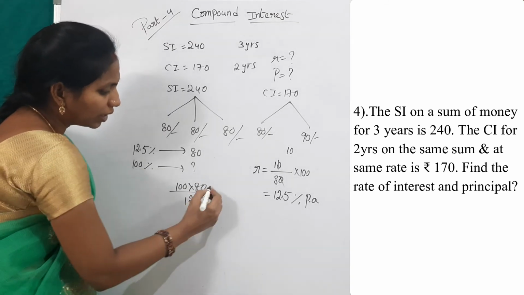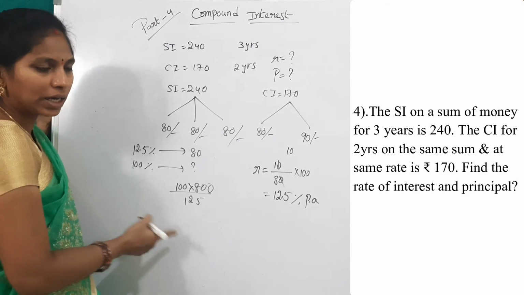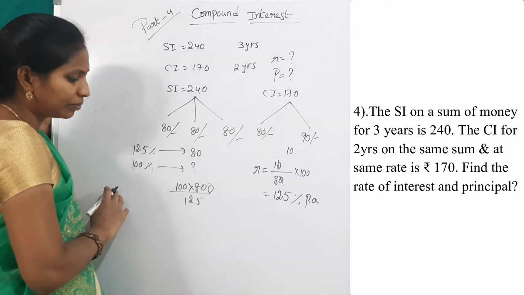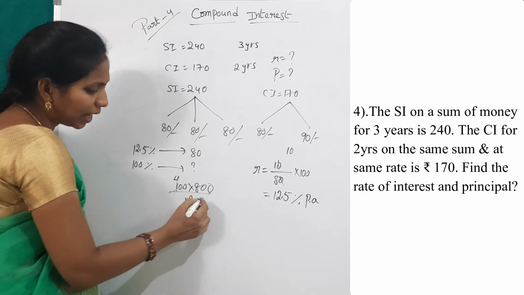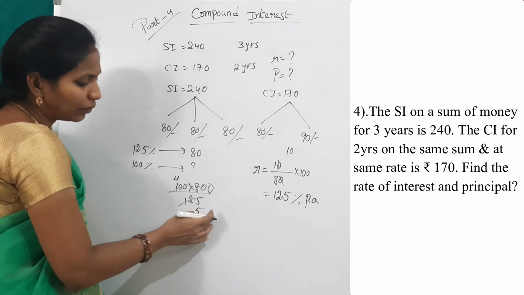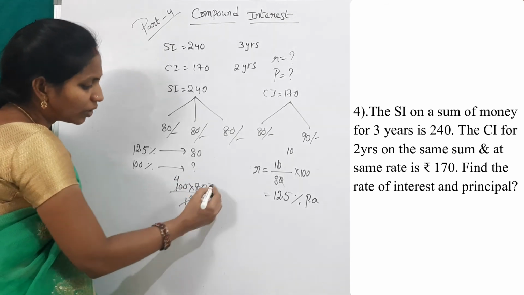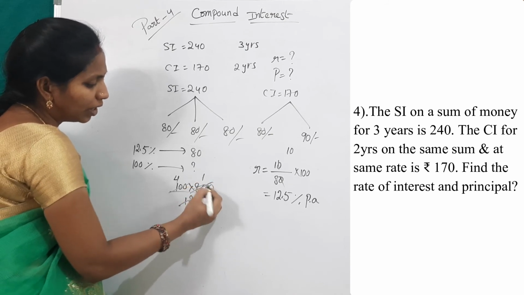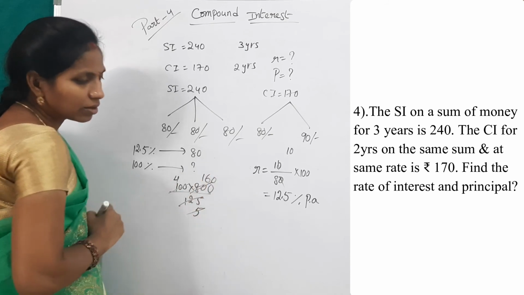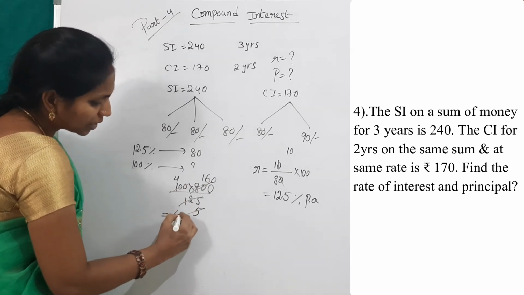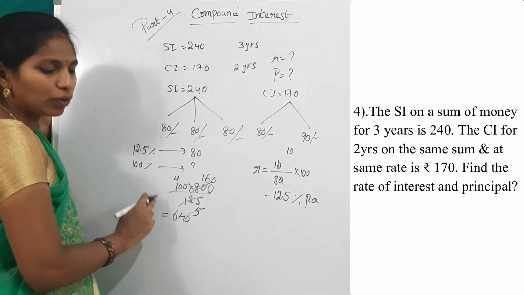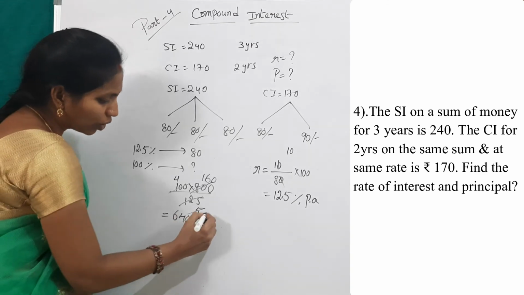Erase this dot, then place 0 at numerator. Now calculate 25, 4 times cancelled in 100 and 5 times in 125. And this 5 cancelled 1 and 6, 160. Then what is the result? 16 into 4 is 64 and 0, 640 rupees.